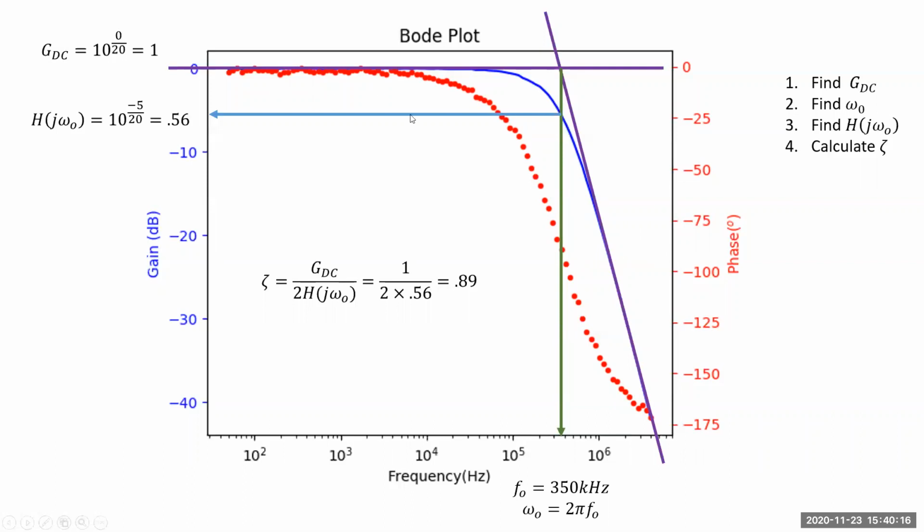But the phase going negative tells me that I really have a non-inverting low pass filter, though it would be very hard to get my true omega naught from it. So I just use the magnitude method. Here's the DC gain, I draw a line out, here's the AC slope, they intersect, and I pull omega naught off from there.